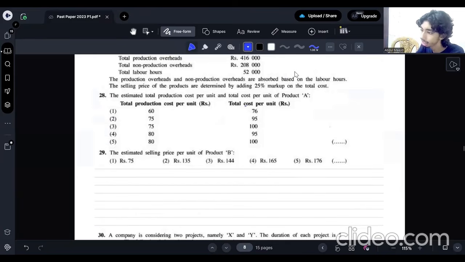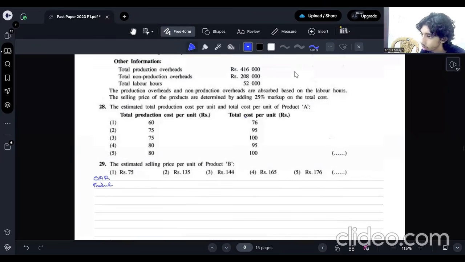Then we'll find the overhead absorption rate. Overhead absorption rate of production cost will be total production overhead 416,000 divided by total labor hours 52,000. That will be rupees 8 per labor hour.